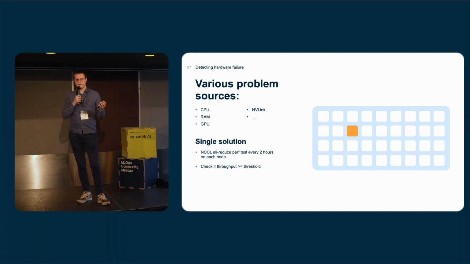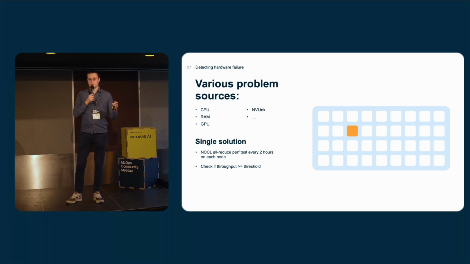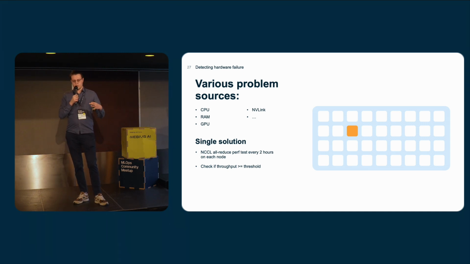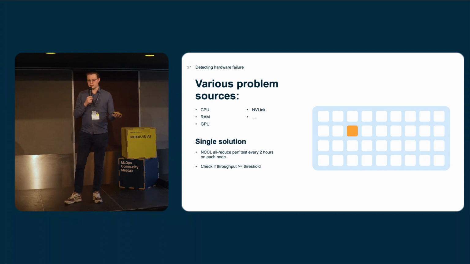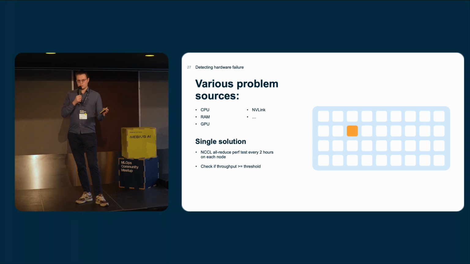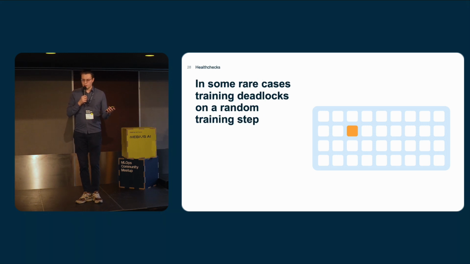And we also found that this is a very good proxy metric, not only for detecting problems with GPUs, but also with RAM or CPU, as usually this also affects NCCL test performance a lot.